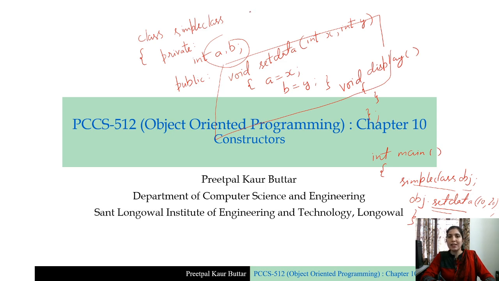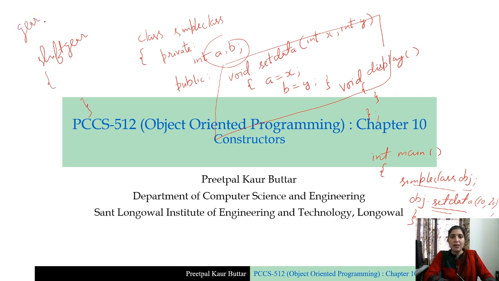So why are constructors necessary? Let us take an example of a car. You created a class car. Car contains various functions, one of them is, suppose, shift gear. Using this shift gear, we can change the gear.